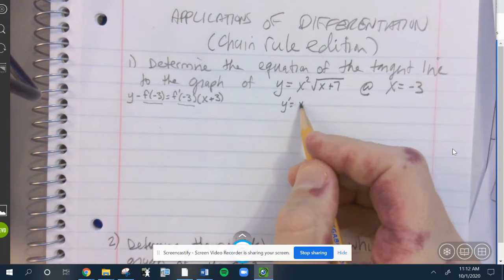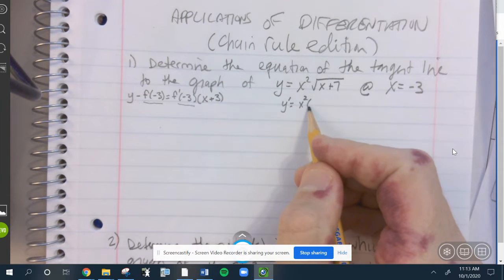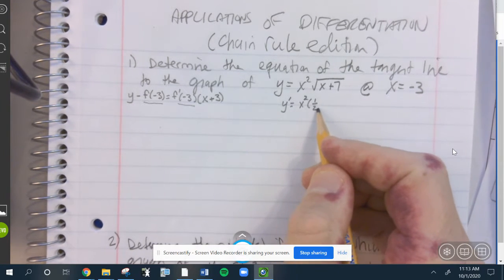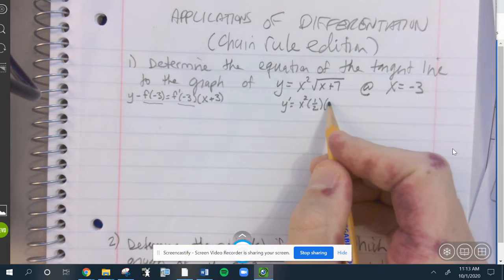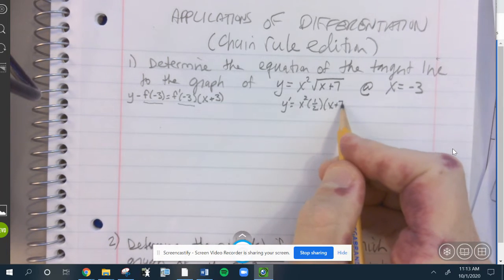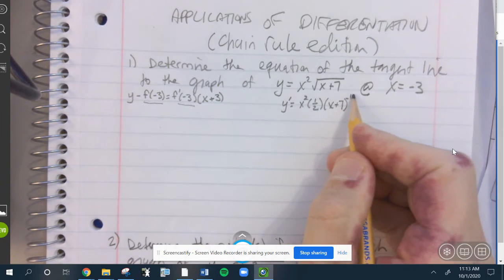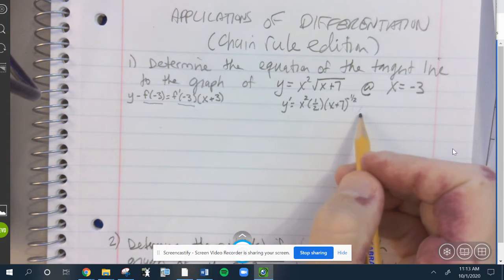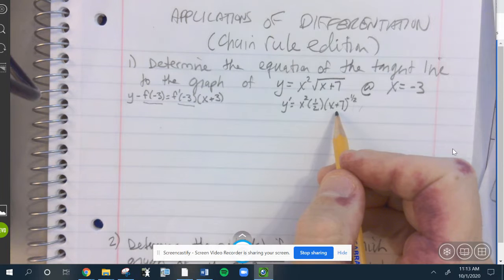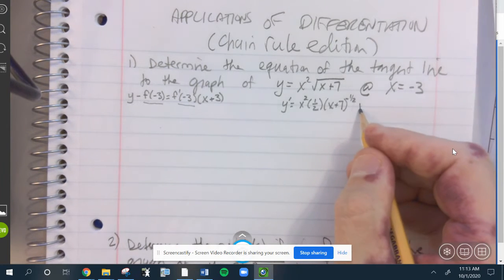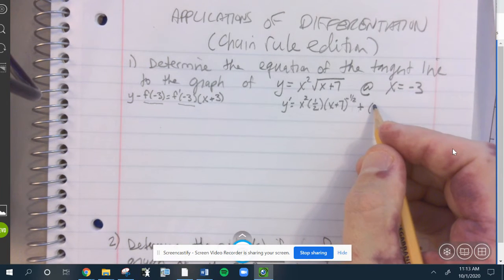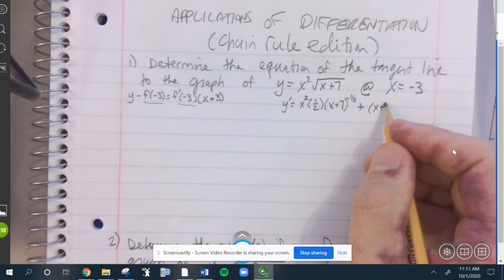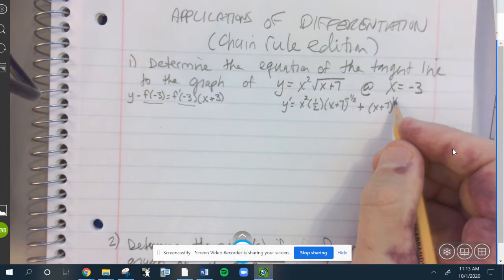So first times the derivative of the second, that's negative 1/2, times 1, which I'm not going to write, that's the derivative of the inside, plus the second times the derivative of the first.